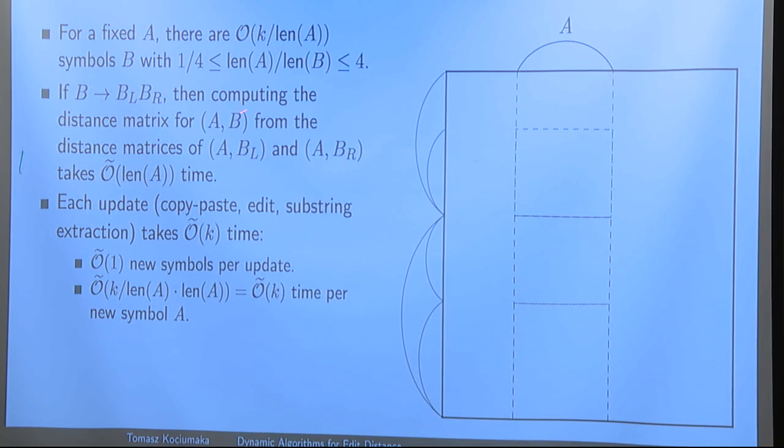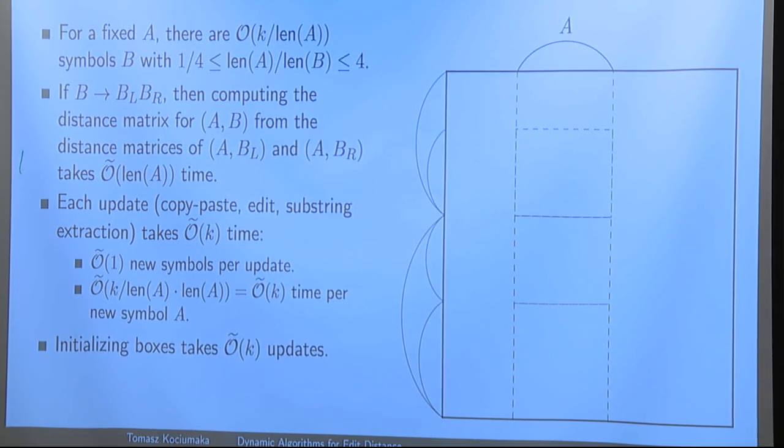The number of these symbols is k over the length. Processing time for each of them is the length. In total, for every new symbol, we pay roughly k. And the number of new symbols is logarithmic because of how these weight balance SLPs work. So every update is implemented in roughly linear time in k.